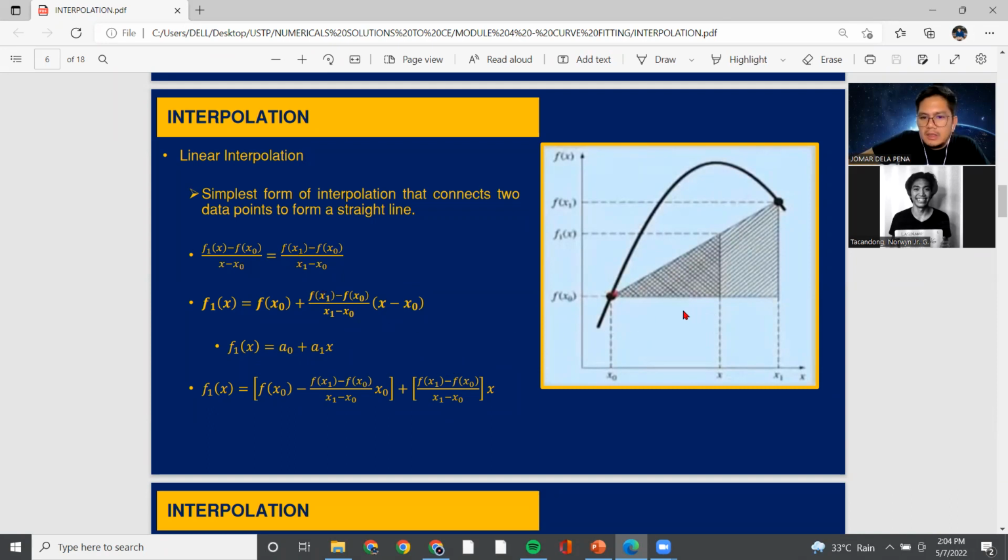So, from the shaded area, naka-form siya og right triangle. And naiduha ka similar right triangle. So, ato silang i-ratio and proportion. The first one is the from function of 1, no? Muna itong F1.